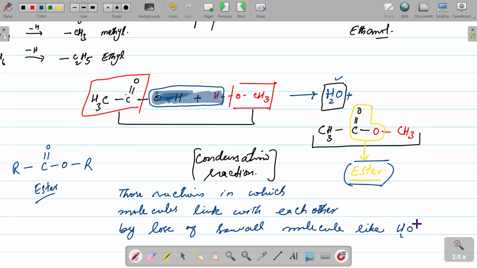Is it clear? So that is a condensation reaction, as we can see here in this example.